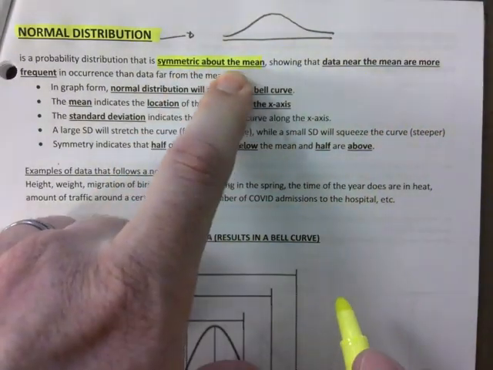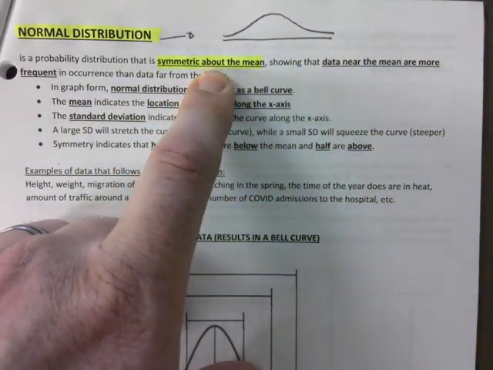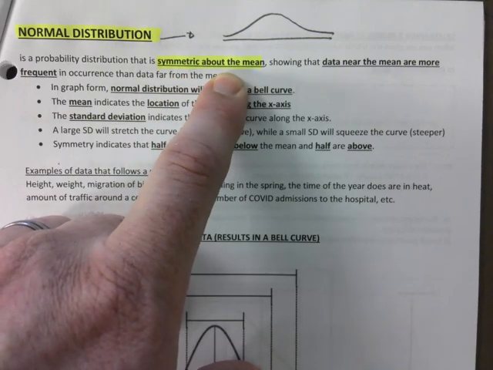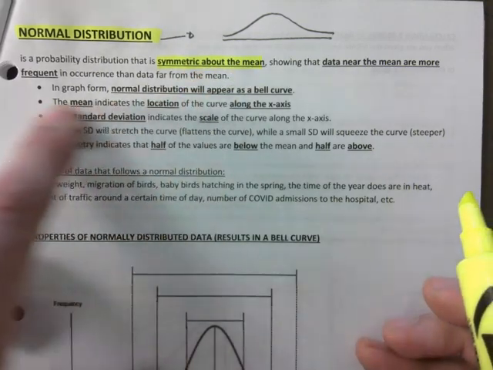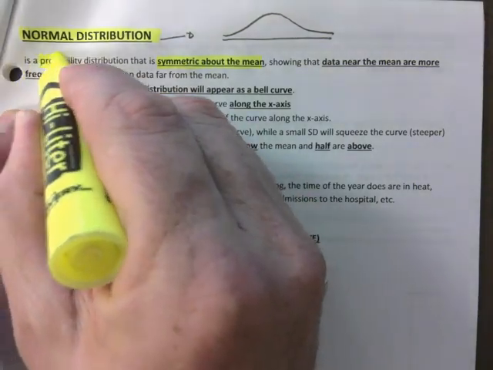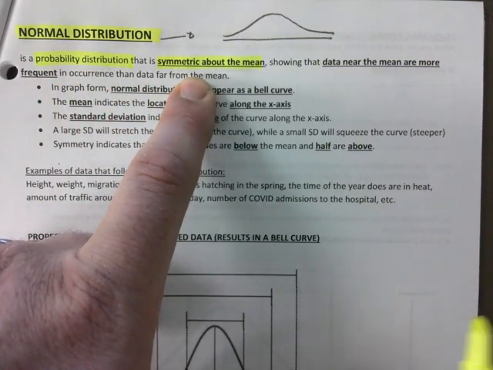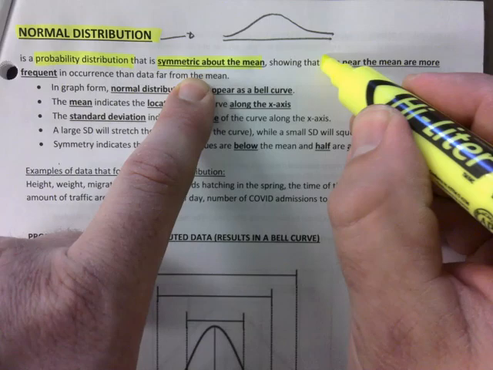It is symmetric about the mean. So the mean is the middle. Remember, the vertex is the middle for a parabola. The mean is the middle for our bell curve. And watch this, it's a probability distribution. Symmetric about the mean. So what does that mean?